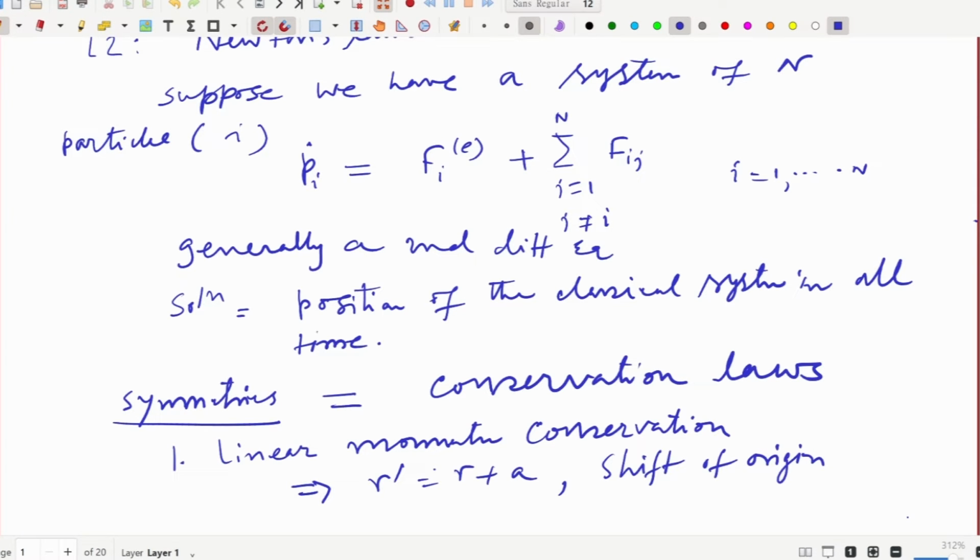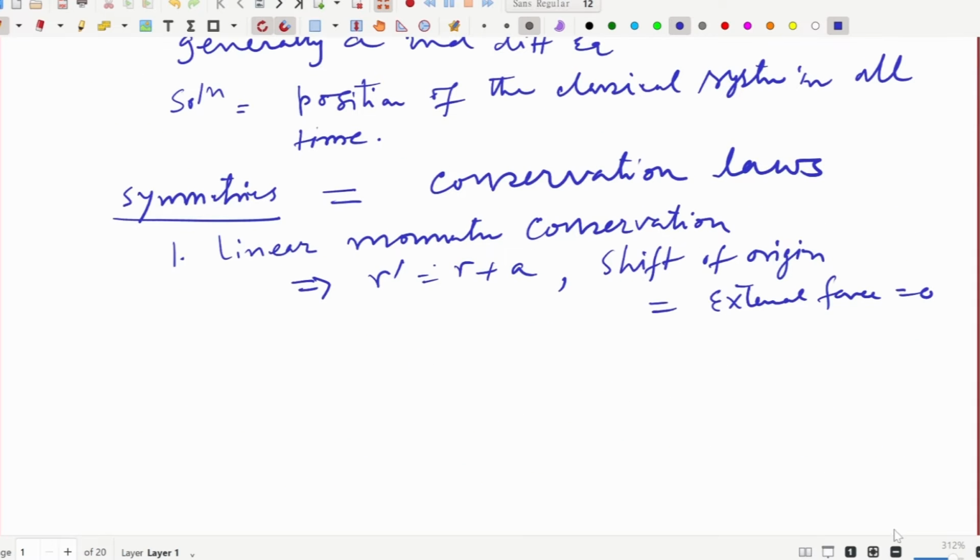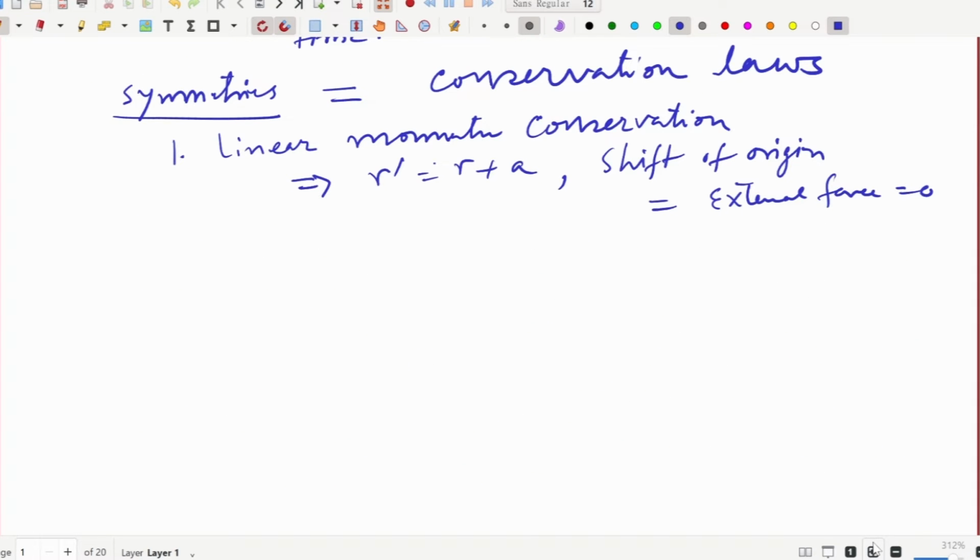Now this leads to the thing that the external force will be 0. So if you have linear momentum conservation, then you will have the external force of the system equal to 0.